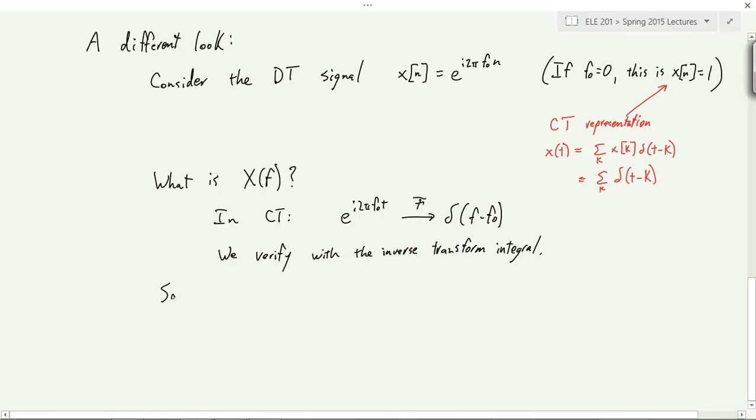Now, we can do the same. Now we want to get the discrete time relationship. Well, we can do the same technique. Remember the discrete time inverse Fourier transform. How is it different than the continuous time inverse Fourier transform? What do you think? How is the discrete time inverse Fourier transform different than the continuous time one?